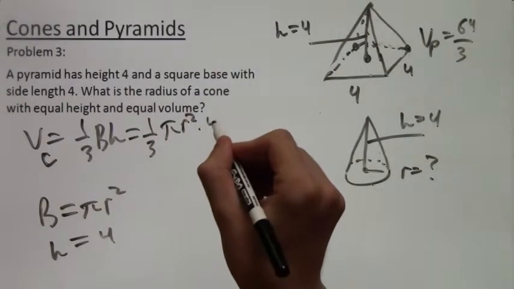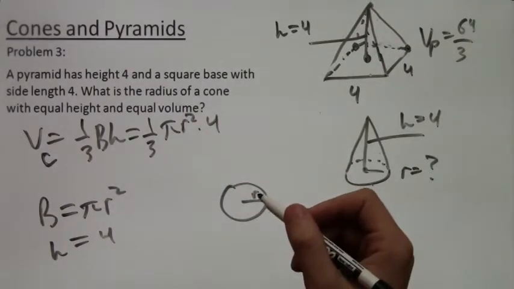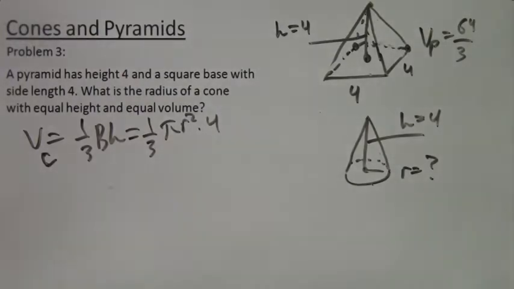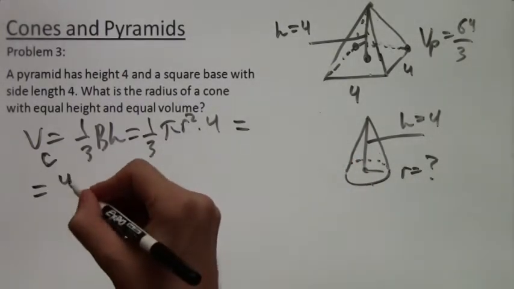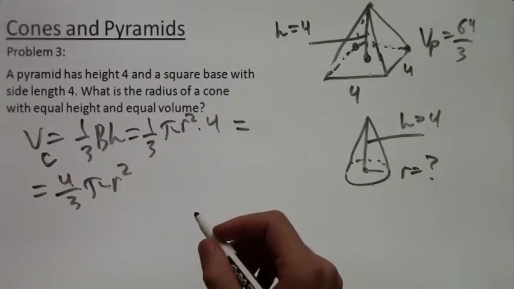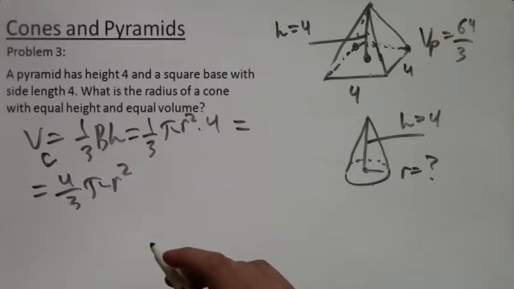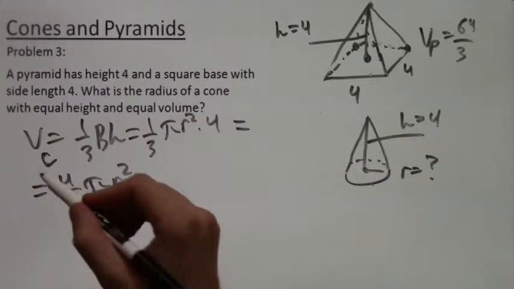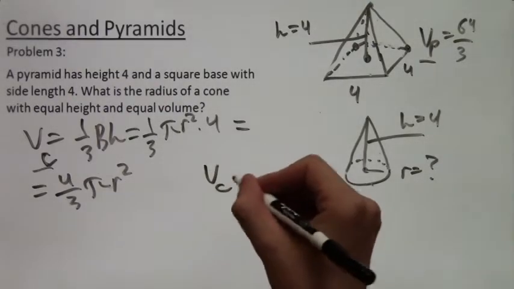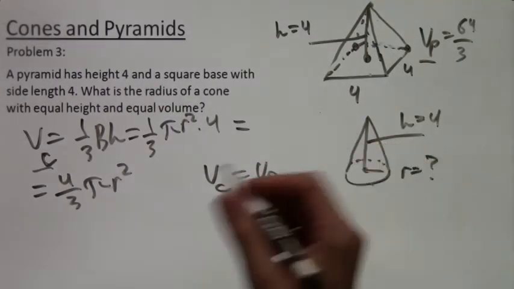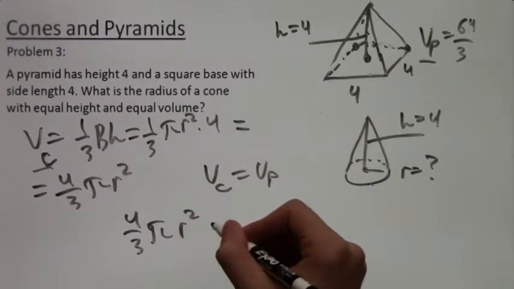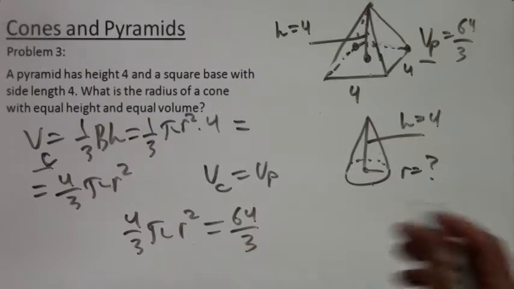We get 1/3 pi r squared times 4, and that equals 4 over 3 pi r squared. Now this V_C, volume of the cone, is equal to V_P, volume of the pyramid. So because V_C equals V_P, we can write that 4/3 pi r squared is equal to 64 over 3.